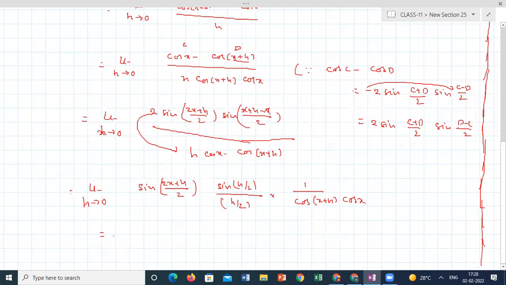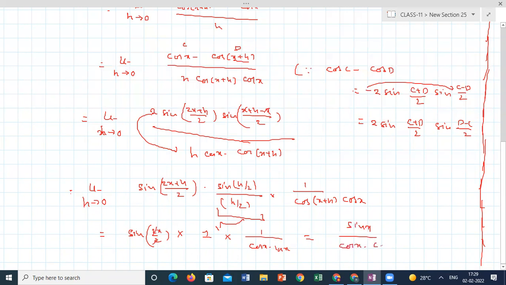When I'm applying the limit, the sine function will become sin 2x by 2, and as limit h tends to 0, h by 2 also tends to 0, so this whole term will become 1, and this will be 1 by cos x into cos x. So the 2s cancel. Finally, I will get sin x by cos x into cos x.